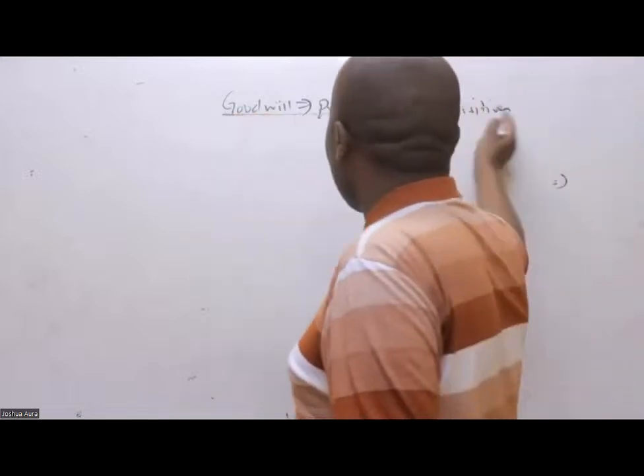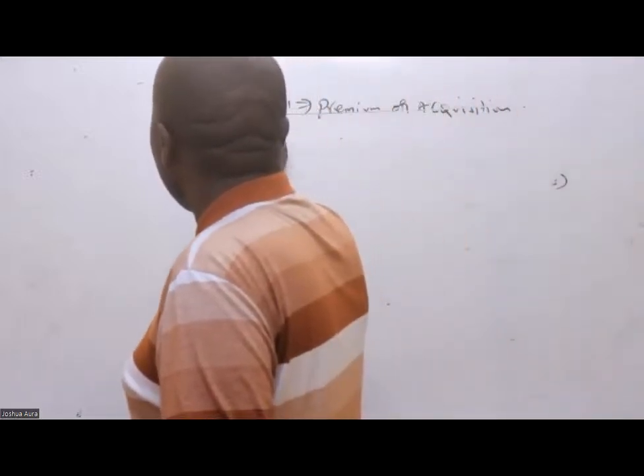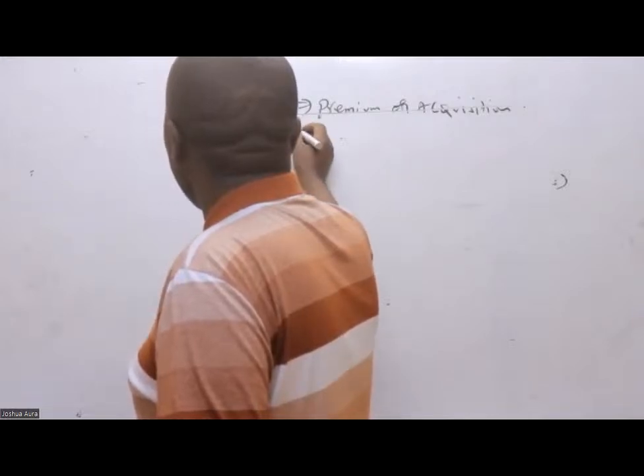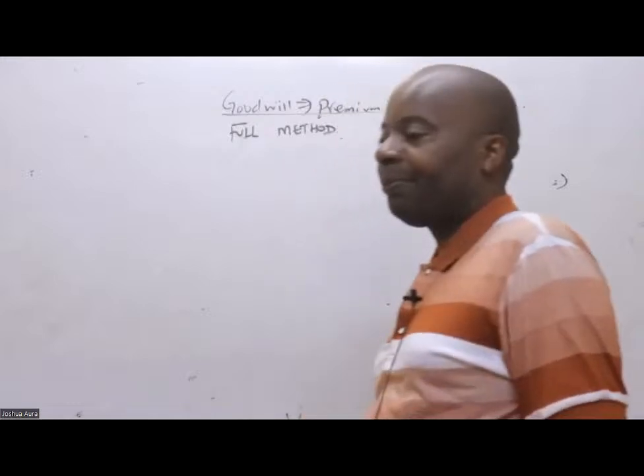There are two methods of calculating Goodwill. I'll show you in a moment. We have what we call the full method, and the partial method.